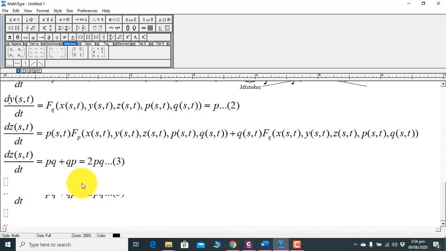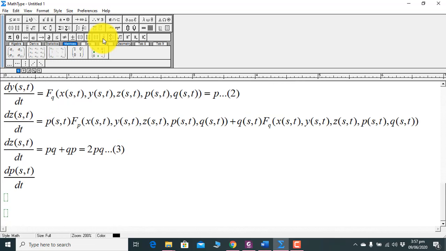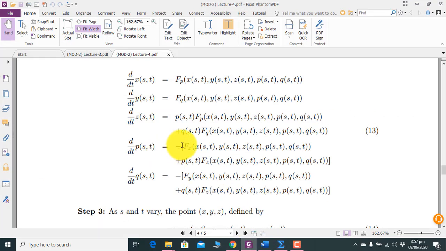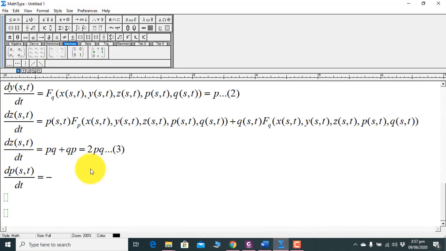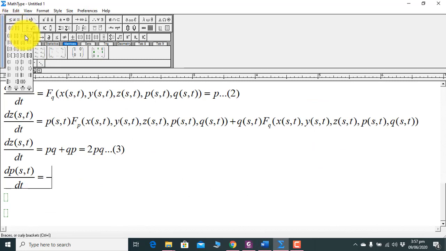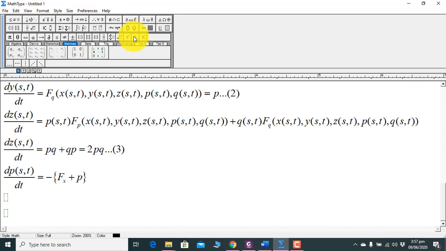Just now write the equation for p. So what is dp by dt? p is again a function of t, and dp by dt has the form, you remember, minus times fx plus pfz. Very easy.